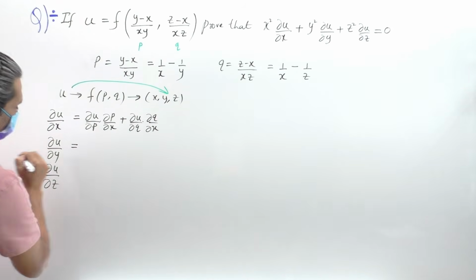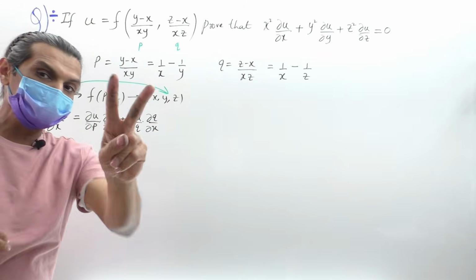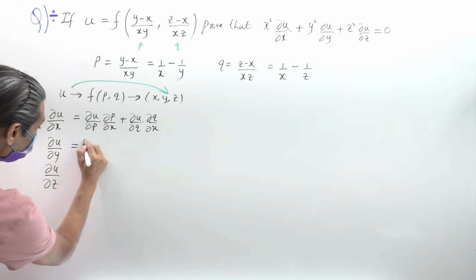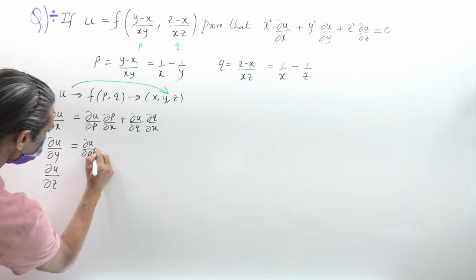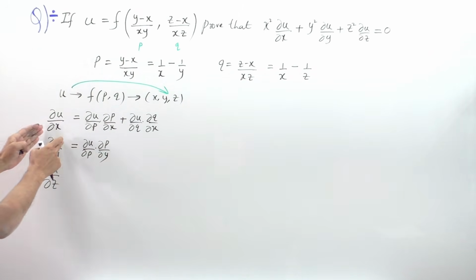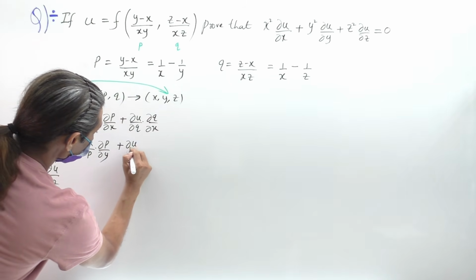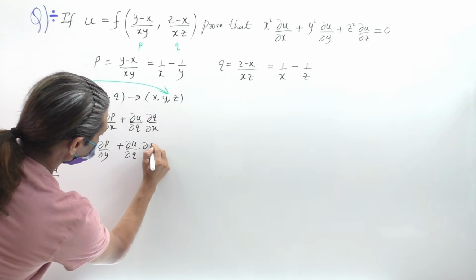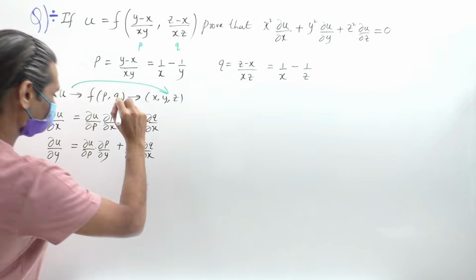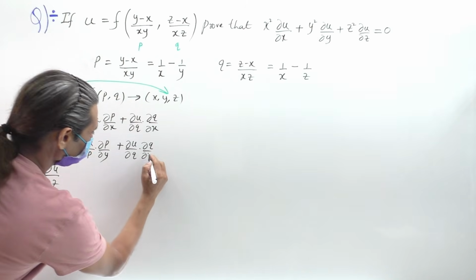So I'll show you next also here. Dou u by dou y will be similarly the same thing. Second child y with respect to two wives. So again, dou u by dou P into dou P by dou y. See, dou P cancels. Dou u by dou y retained. Again here with respect to Q, dou u by dou Q into dou Q by dou y.